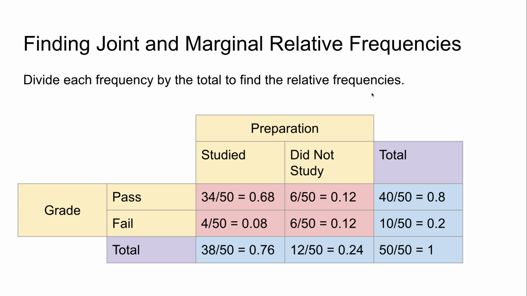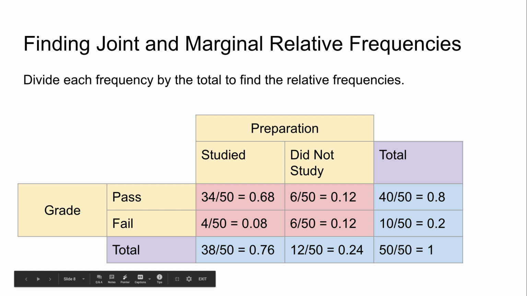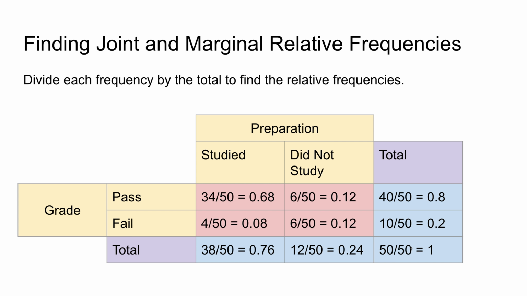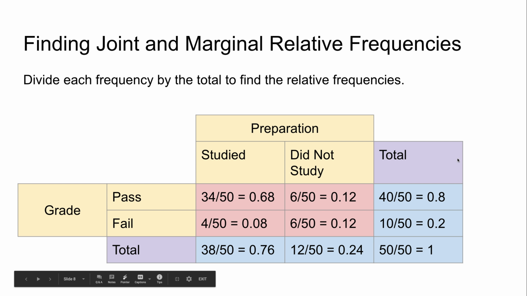So it's like relative to the total. The total, overall, is 50 students we surveyed, so everything gets divided by 50, every single item in the table. And then that gives us our relative frequencies.